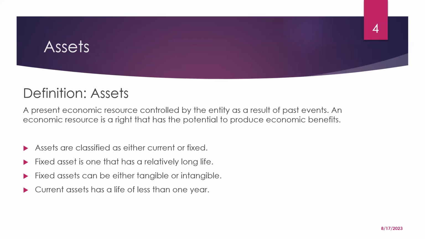A current asset should have a lifespan of less than 12 months, or 1 year. A fixed asset is one that has a relatively long life, more than 1 year, and it can be either tangible or intangible.